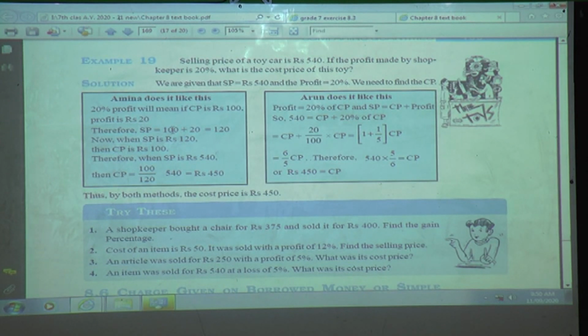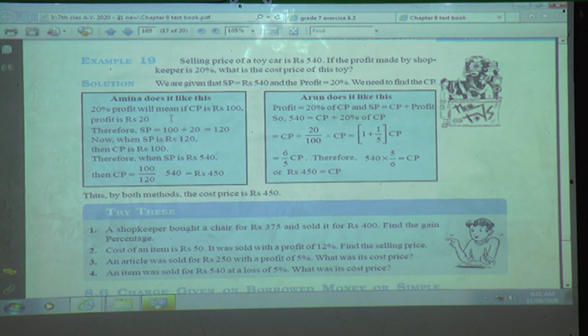100 is the CP, plus the profit. Profit should always be added, so we add the profit 20, and it is 120. Now when SP is rupees 120, then CP is rupees 100.